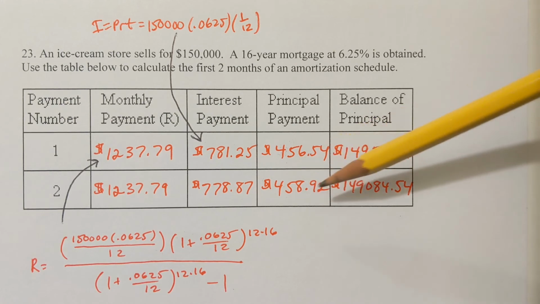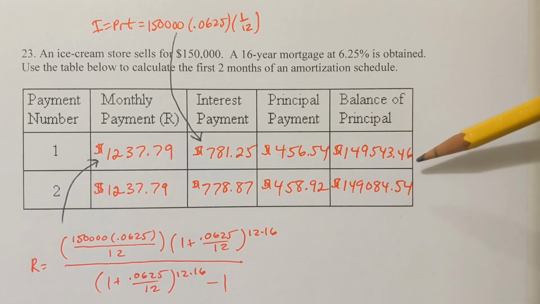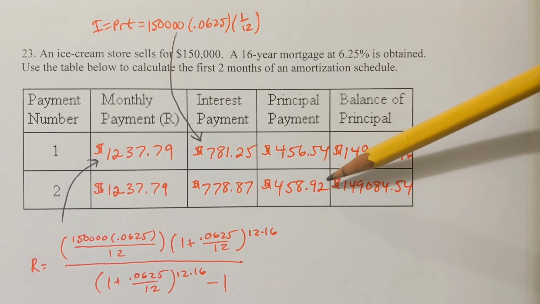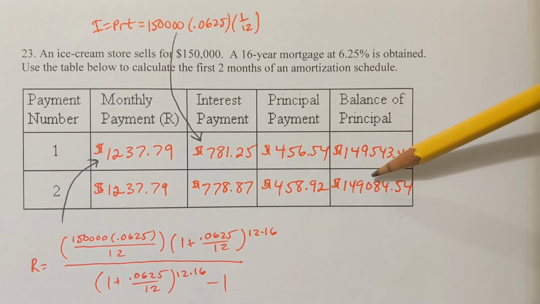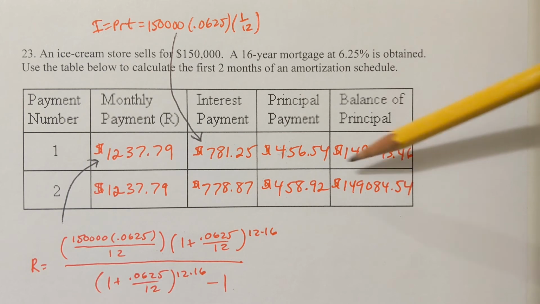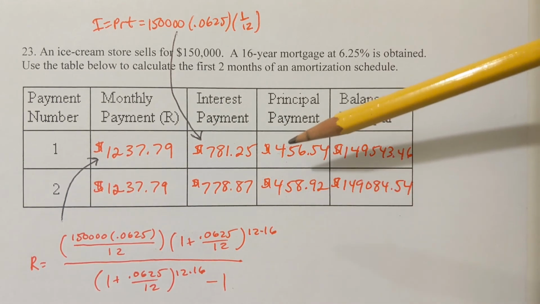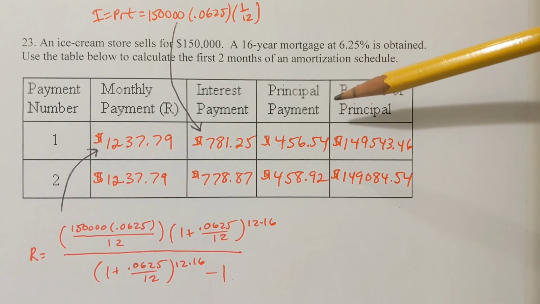Not by much, but it's at least bigger. And so if I take the old balance minus $458.92, I get $149,084.54. And I would continue paying this for the next 16 years.